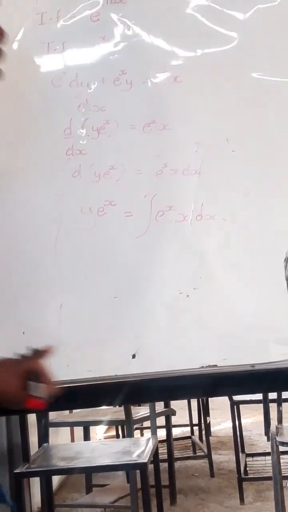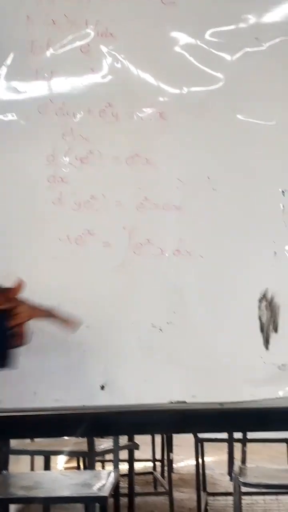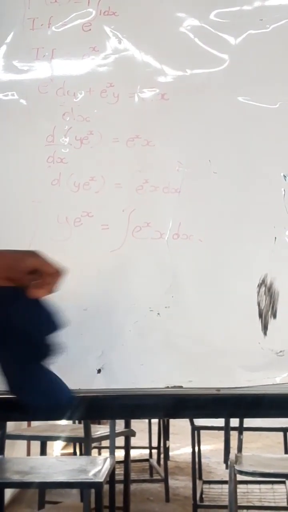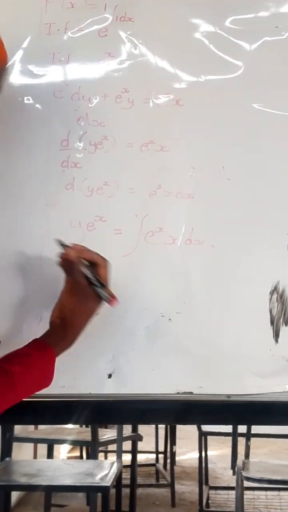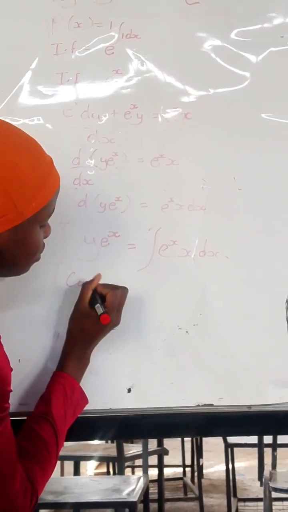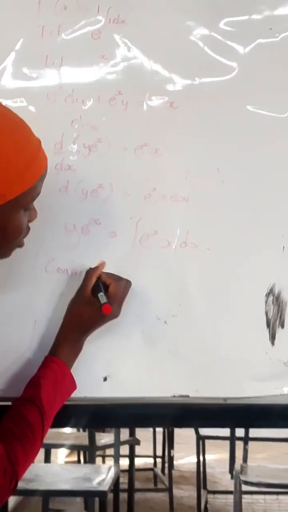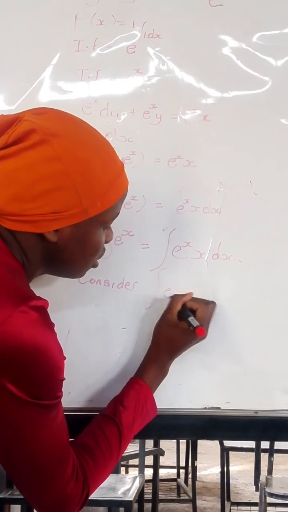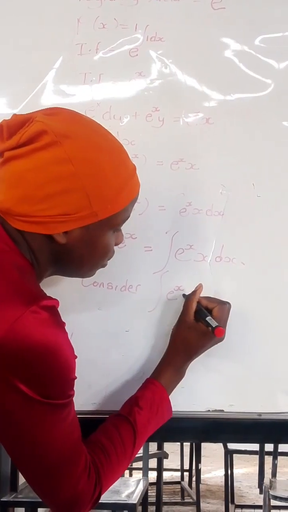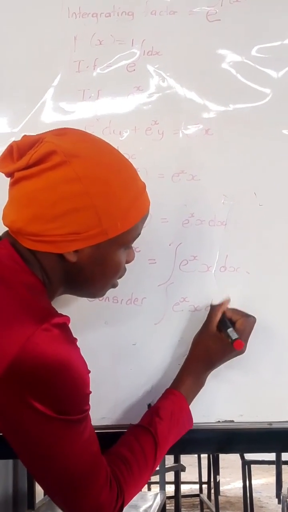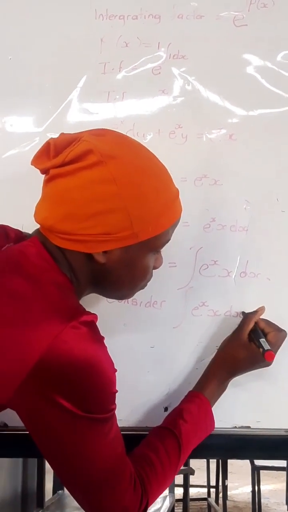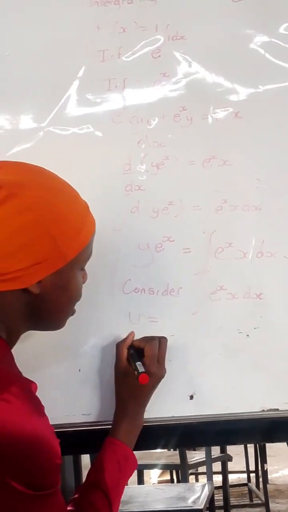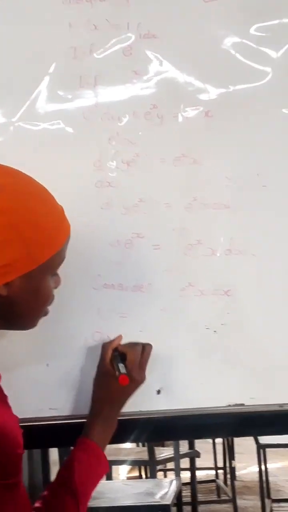Now, to integrate this, we are going to integrate it by parts. We are going to consider the integral of e power x times x dx. Now we have to get our u and our v.